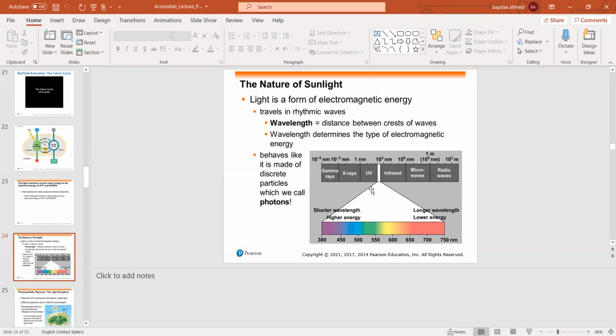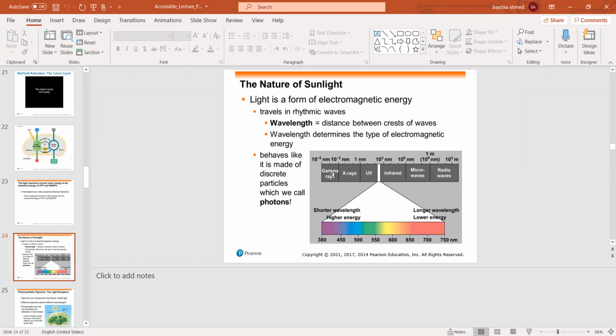Light is a form of energy known as electromagnetic energy or electromagnetic radiation. It travels in rhythmic waves. The distance between the crests of an electromagnetic wave is called the wavelength. Wavelengths range from less than a nanometer for gamma rays to more than 1 kilometer for radio waves.